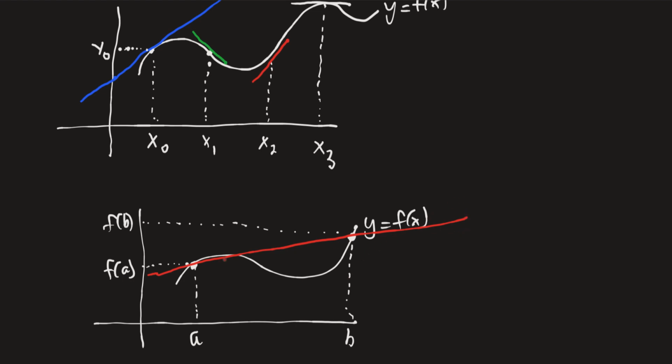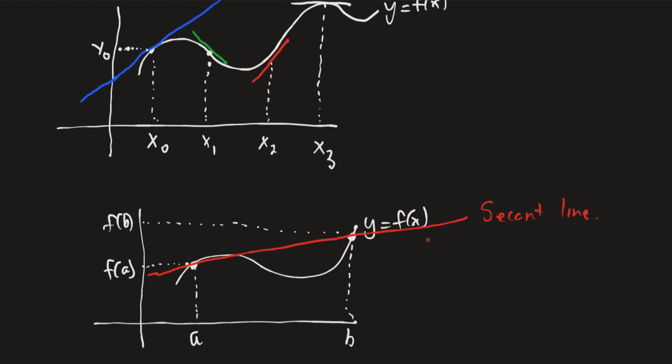And this line that passes through 2 points on the curve, it doesn't just glance at one particular point, but it literally passes through 2 points on the graph of our function. This sort of line is called the secant line, right?